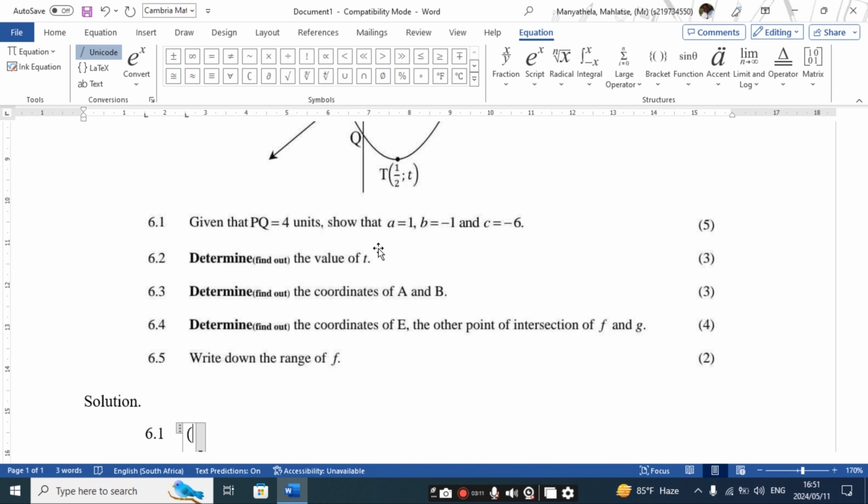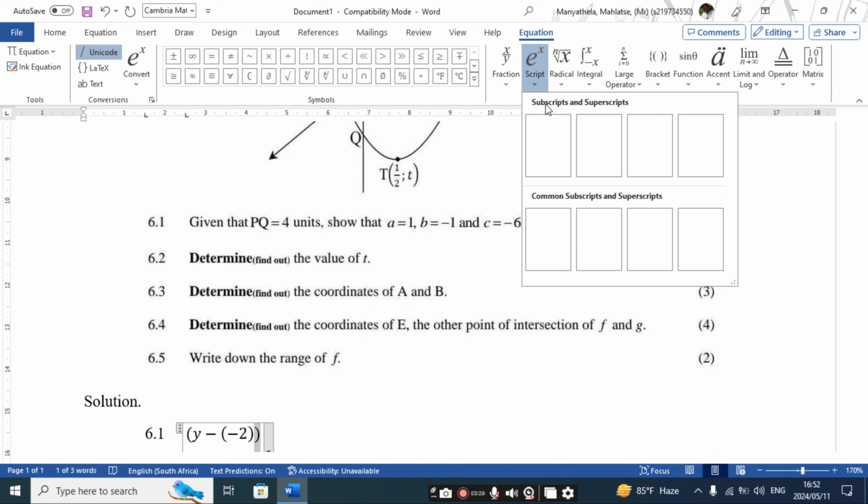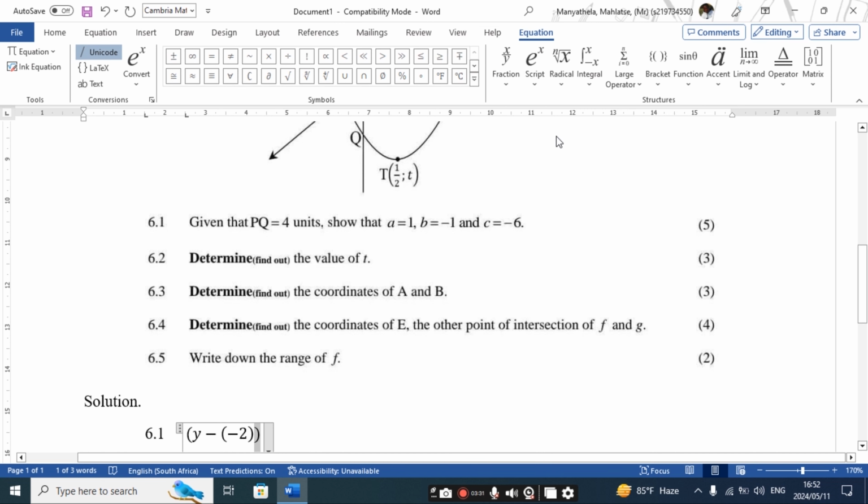I'm going to say we know it's y take away -2, all squared equal to the square of 4, which will be 16.